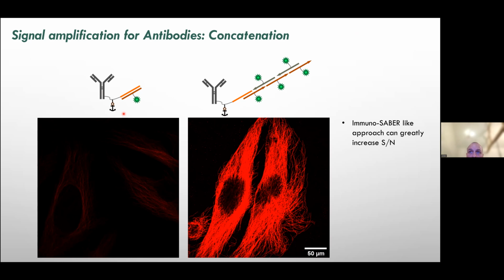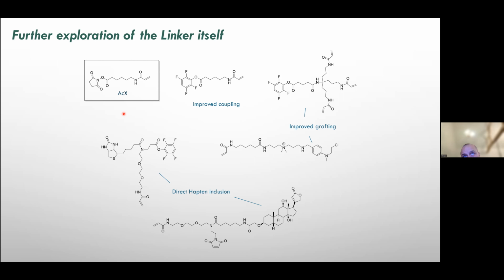All right, and then finally, a little bit more chemistry, and I want to talk a few more minutes still about the linker itself. So I've shown how the linker can be used to target various biological molecules, moieties, lipids, actin, antibodies.